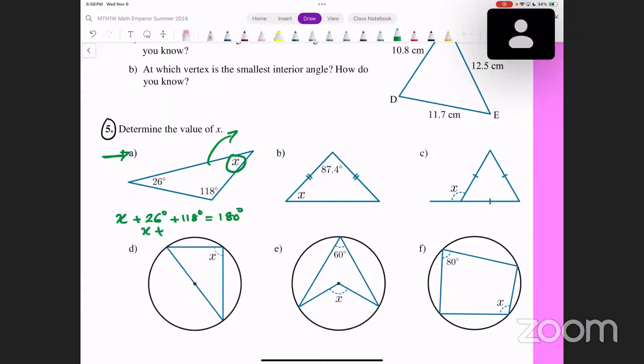So 118 plus 26 gives you 144 degrees. X is solving a one variable equation: 180 degrees minus 144 degrees. We will get 36 degrees.